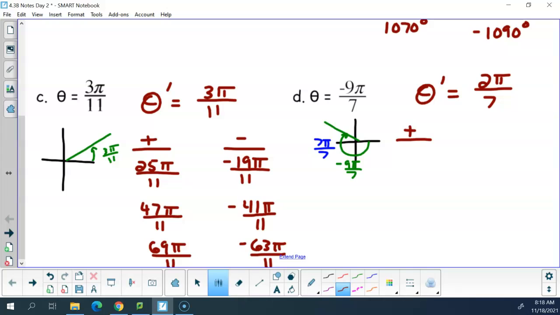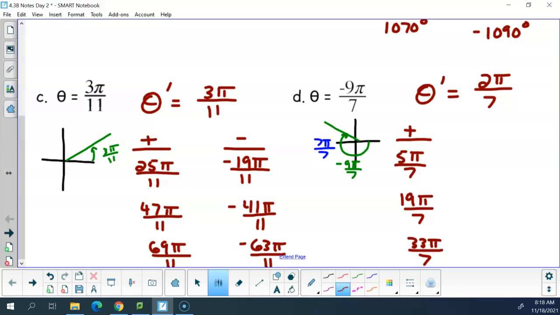Positive coterminal angles, I got 5 pi over 7, 19 pi over 7, 33 pi over 7. Add 14 every time.